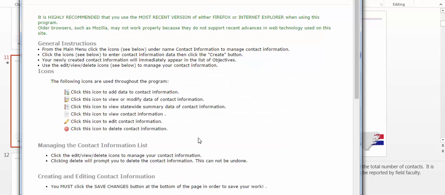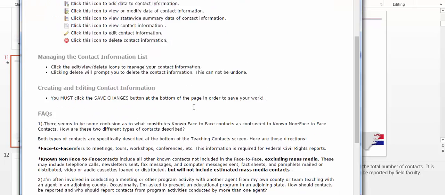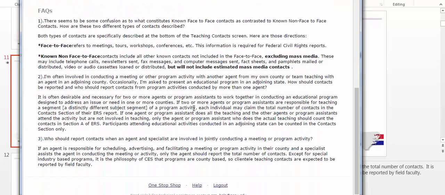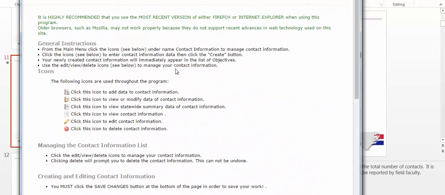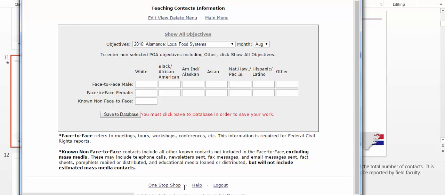Down at the base of each of the data entry sections is a help menu, and some of the things I've just told you are answered there in the frequently asked questions, so be aware that that's at every section at the bottom. I'll show this to you again back here at the bottom where it says one-stop shop, help, and log out. And the other important thing is to remember to save to the database, because if you do not save your work, it'll go away. So make sure you save it when you finish putting in all your numbers and so forth.